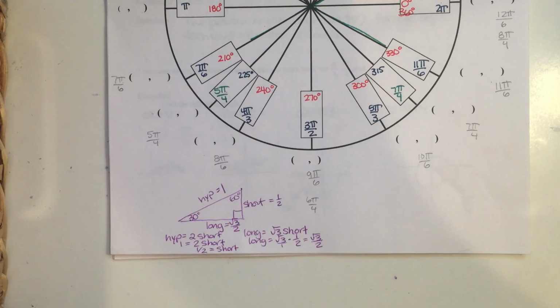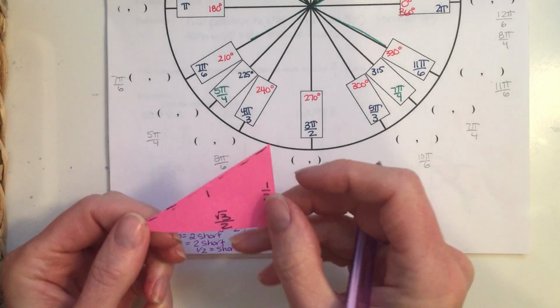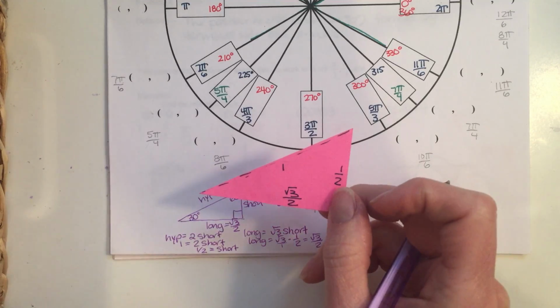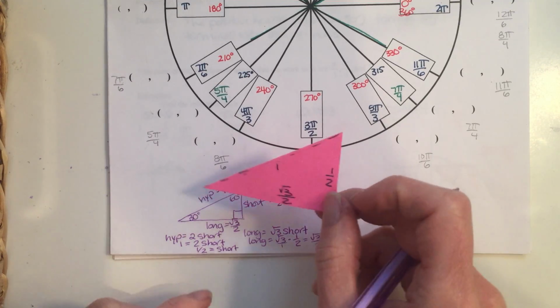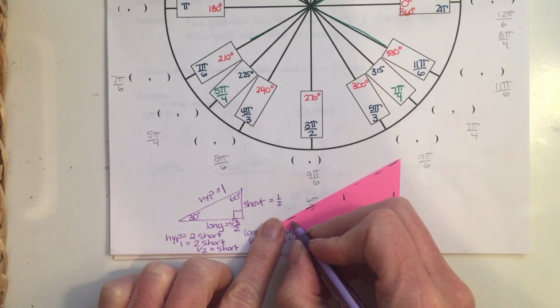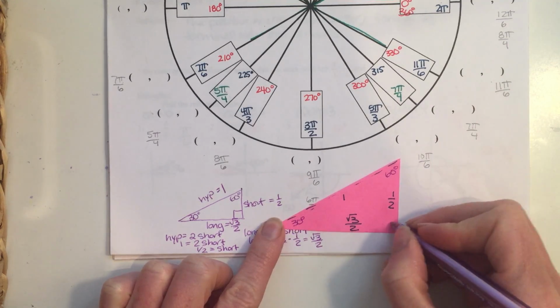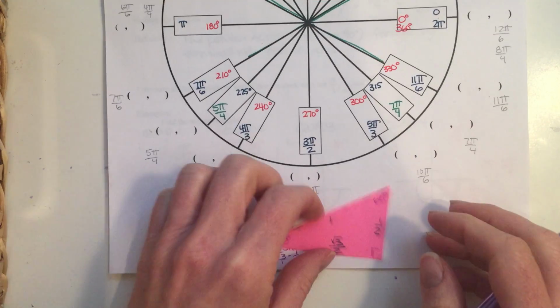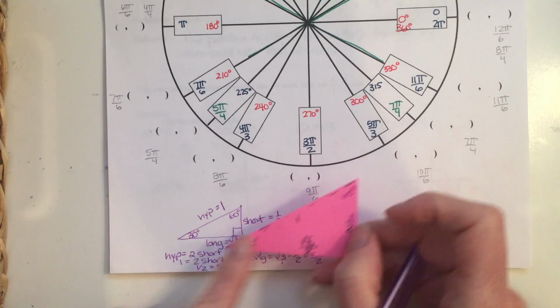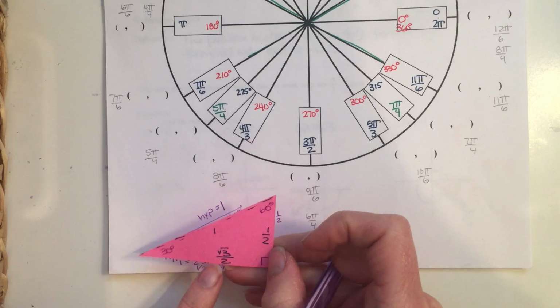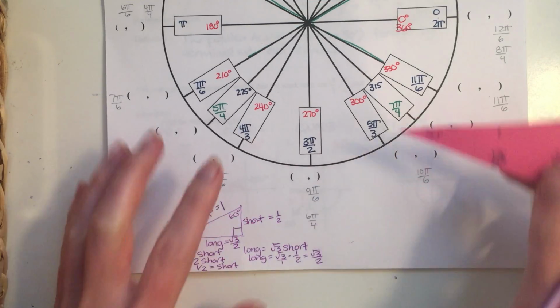I'm going to now use this triangle up in my unit circle, and I made one that I can move up above. This triangle is a 30, 60, 90. This is my 30-degree angle, my 60-degree angle, and my 90-degree angle. Notice what I wrote on here are my side lengths of 1, 1/2, and rad 3 over 2.